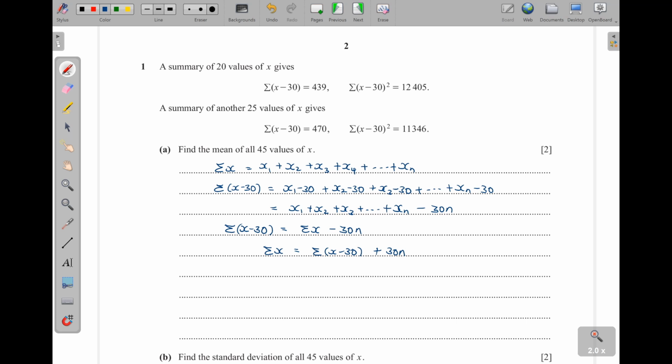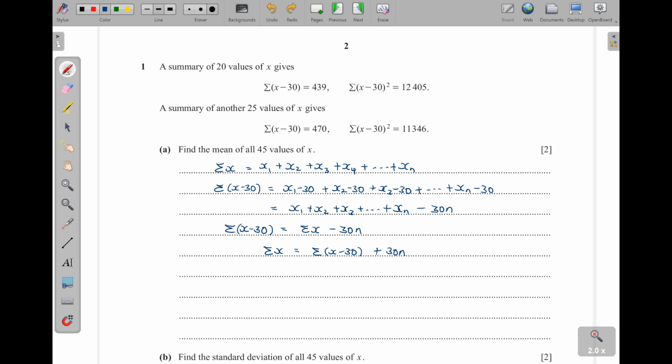Now, when I'm finding the mean, since I have two groups, when they say the mean of all the 45 values of x, they mean x, not the one which is coded. So they don't want the ones where we have subtracted the 30. That means we are using this one here.